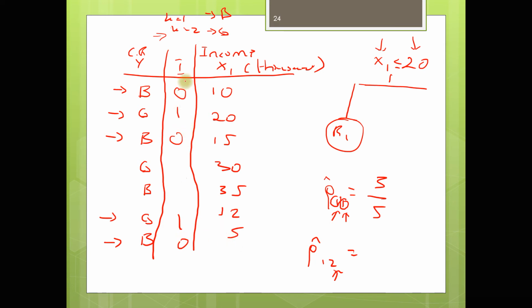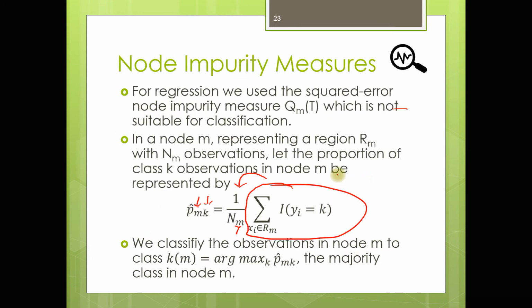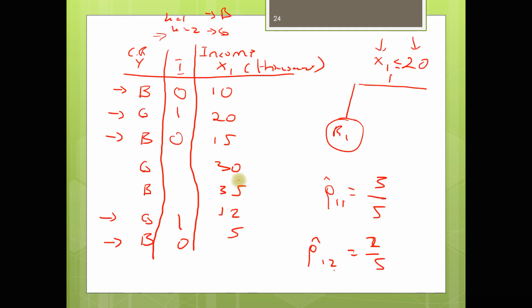You count how many you've got: 0 plus 1 plus 0 plus 1 plus 0, which is 2, out of a total number of observations within that region of 5. It was obvious anyway; you could have just taken 1 minus 3 out of 5. But this is just for the illustration purpose of this formula, what it means. To sum up, the proportion here relates to the proportion of a certain class within a particular region.